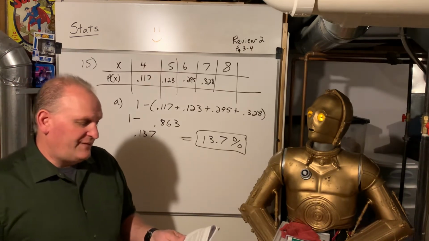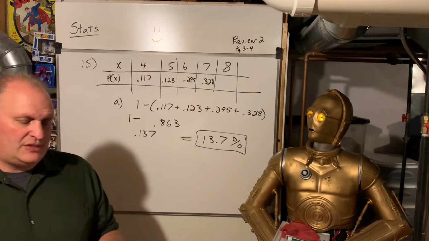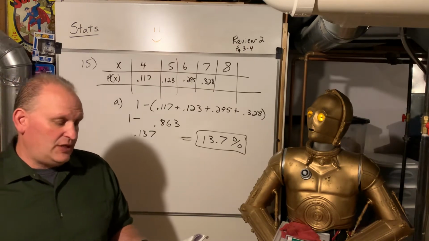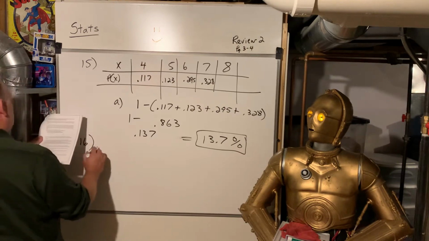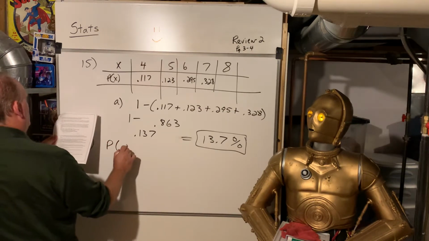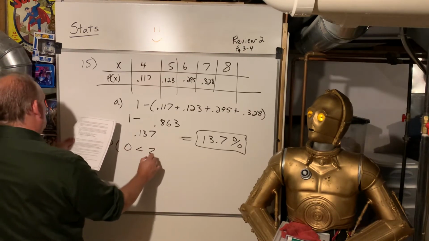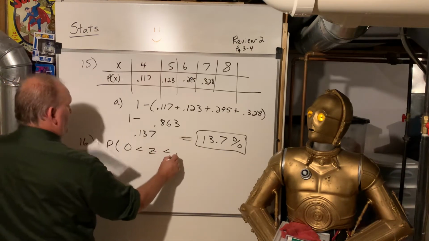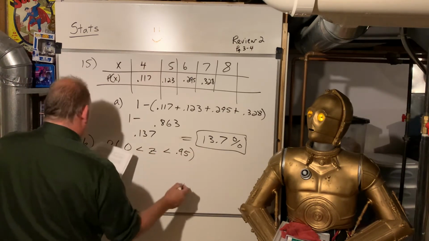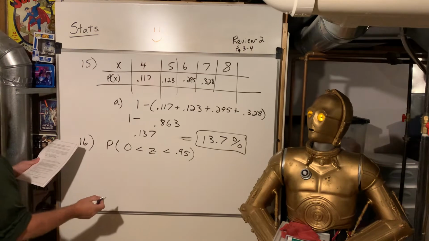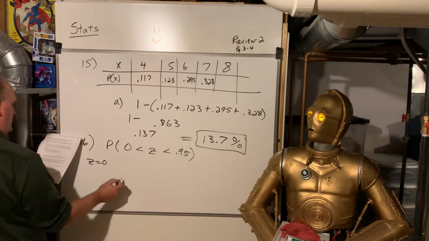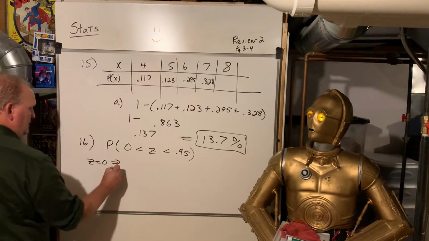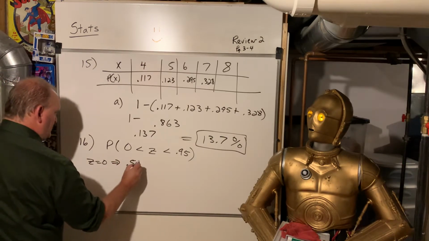So 16, find the probability using the standard normal distribution. So let's see here. The probability that the Z-score is between 0 and 0.95. So we look up 0 on our chart, and that gives us 0.5000.